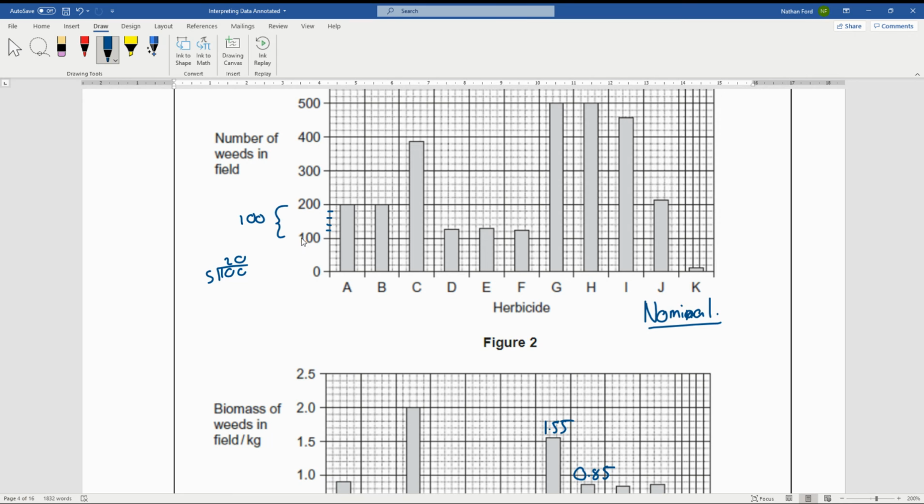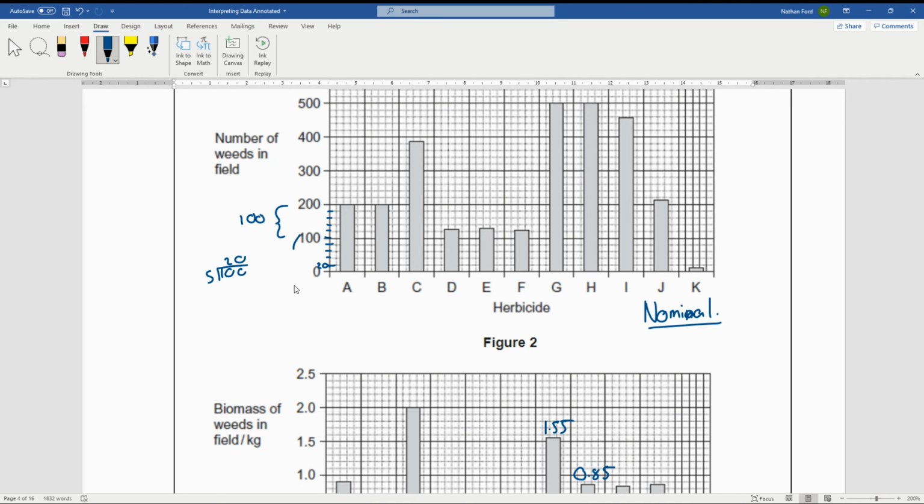Again, you don't have to do this maths. You could just guess and check. Is it 40? 40, 80, 120. I've already gone over 100. Let's try 20: 20, 40, 60, 80, 100. Perfect. Read the scales. Take your time.